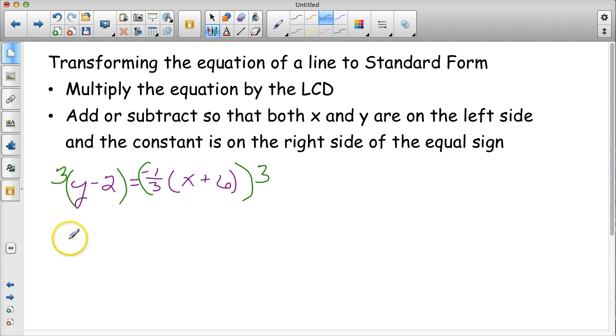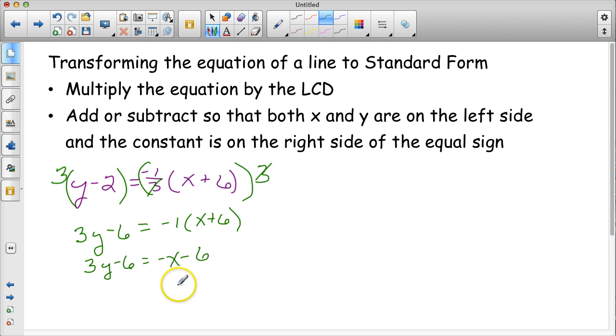So 3 times y is 3y, and 3 times negative 2 is negative 6. And when I multiply on the right side, my 3's cancel, and I have negative 1 times x plus 6. What this means is that I need to distribute the negative 1. So I have 3y minus 6 equals negative x minus 6.